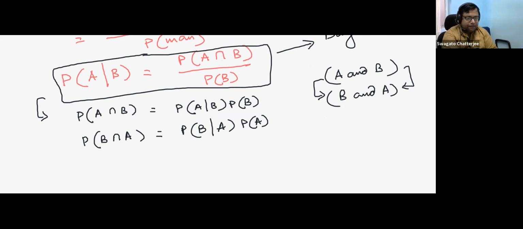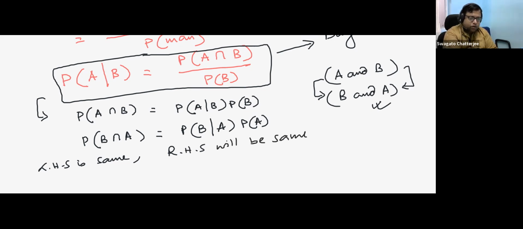Now, if the left hand sides are the same, I just told you that these are the same, then the RHS will also be the same. If these two are equal to each other, then these two will also be equal to each other.